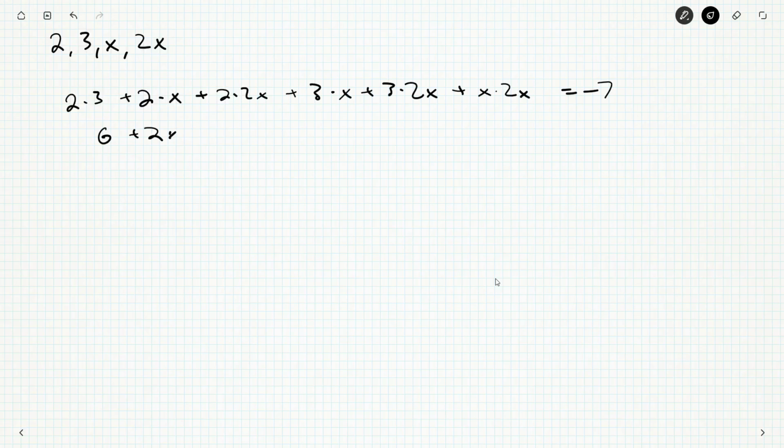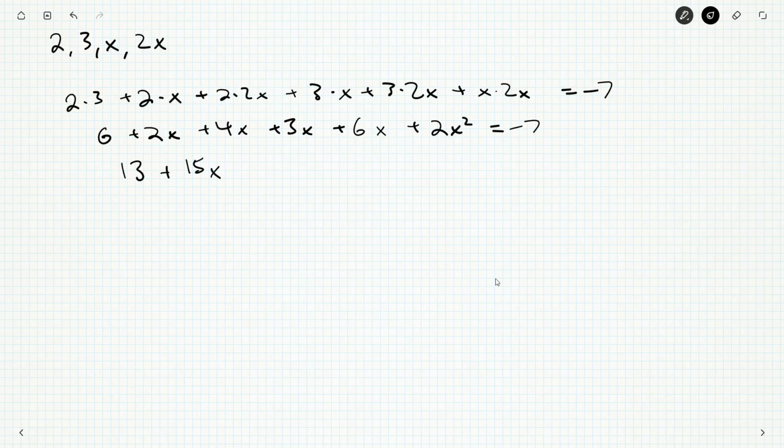So 6 plus 2x plus 4x plus 3x plus 6x plus 2x squared is equal to -7. I'm going to bring the -7 over. We'll have 13, and then 2, 4, 3, that's 9, plus 6, that's 15, so 15x. And then plus 2x squared is equal to 0.